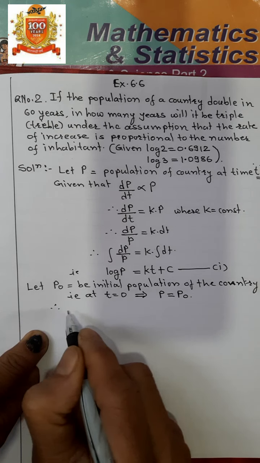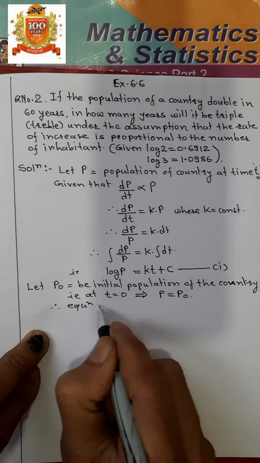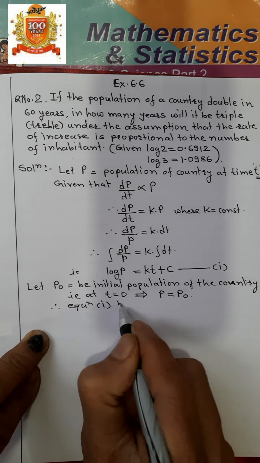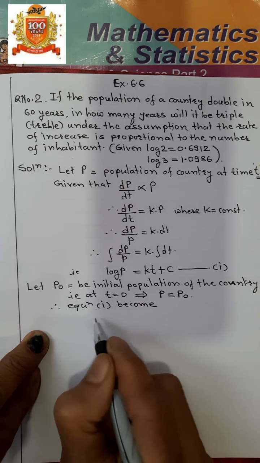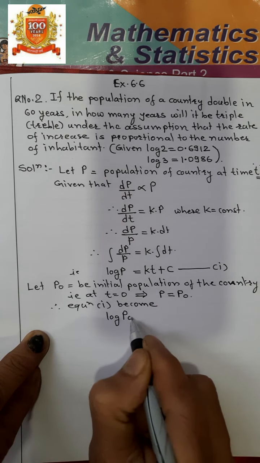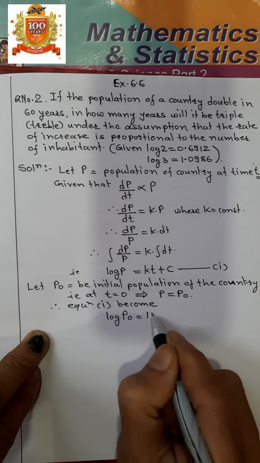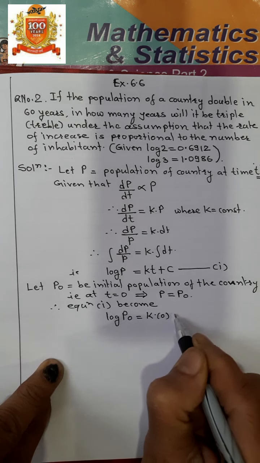Therefore equation 1 becomes log of P0 is equal to k into 0 plus c.